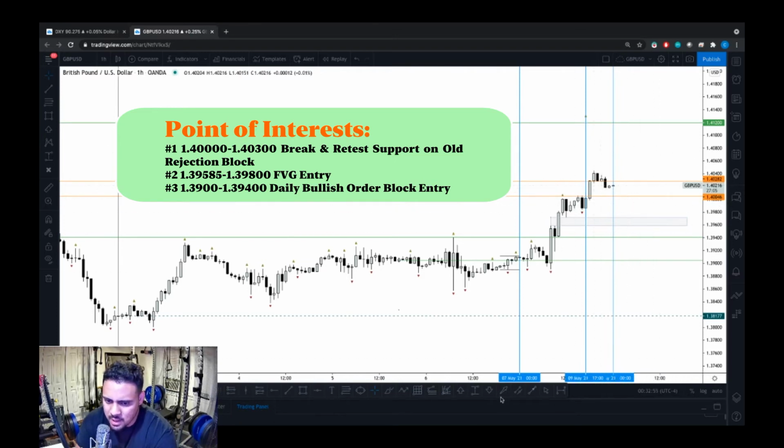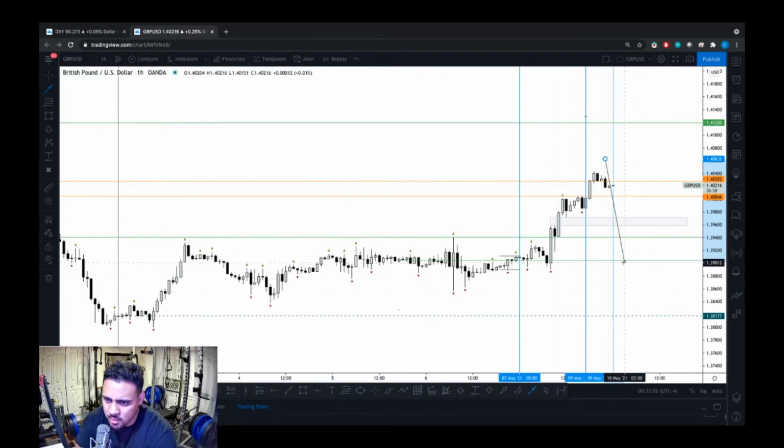If price comes down into this point of interest, this is my daily order block, makes a swing low, and I see an engulfing candle, or a bullish order block being formed, I'm in. All in all, these are 3 different bullish scenarios that I will take my entry based off of.